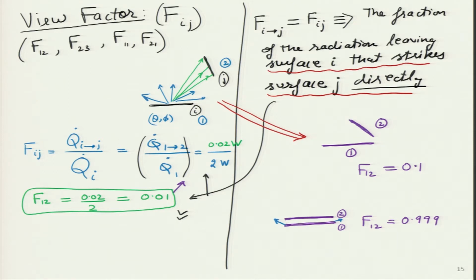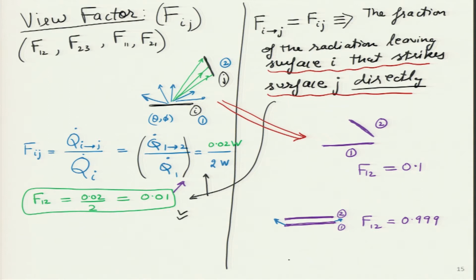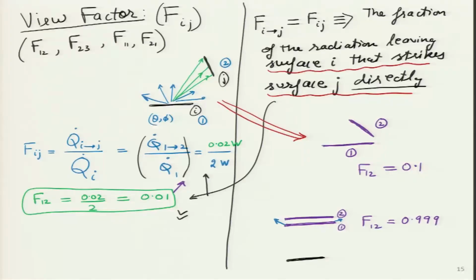Which means another question I can ask a student: in what case is the view factor exactly equal to 1? Which means all the radiation leaving surface 1, all of it has to strike surface 2, which means surface 2 has to totally encompass surface 1. So, how will I draw it in that case? Draw it in this way, where the surface has totally surrounded surface 1.